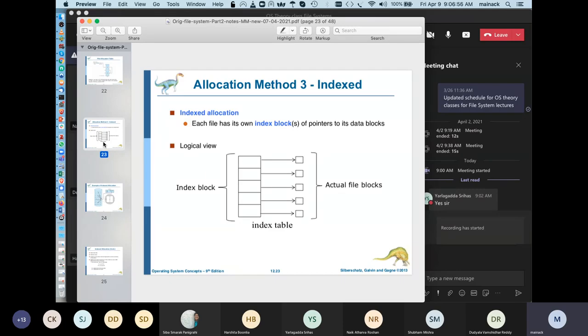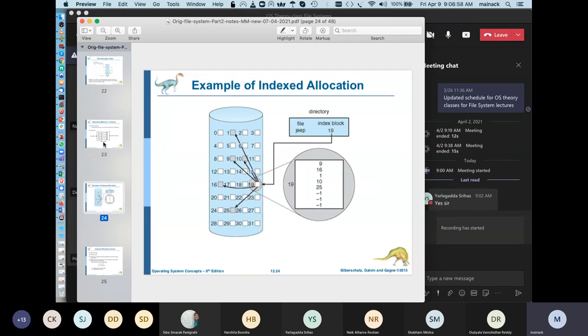So in the indexed allocation system, let's give an idea here. In this directory structure, there is one file called zip and the index block is 19. The 19th block on this cylinder, which is basically your hard disk drive, is called your index block.